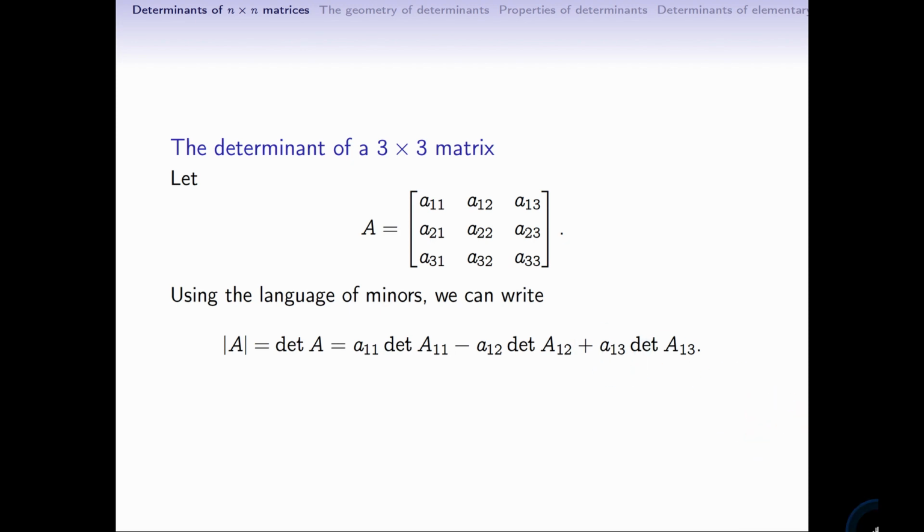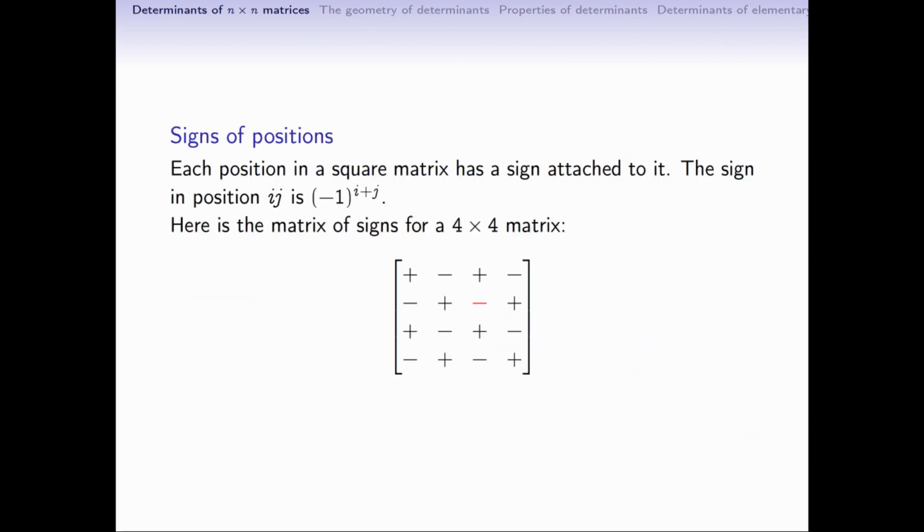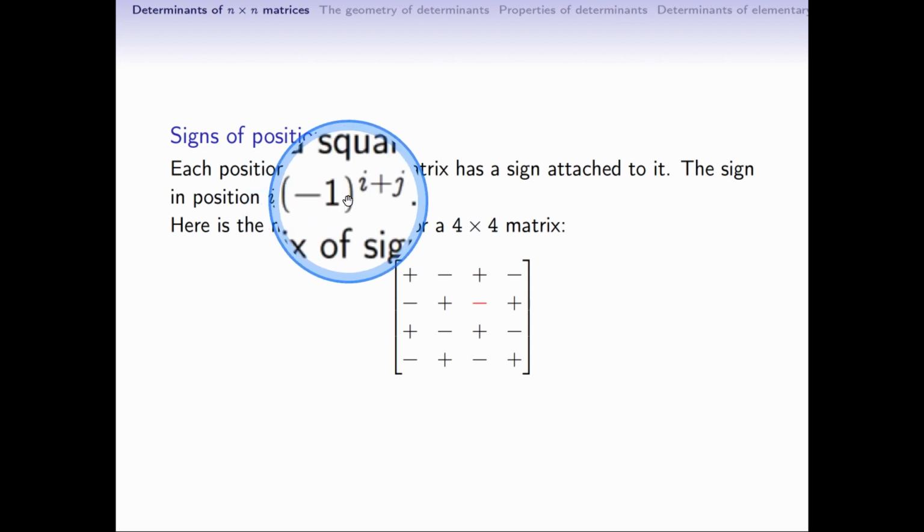So let's take a look at the signs that are attached to different positions within a square matrix. Each position in a square matrix has a sign attached to it. The sign in position ij, in other words, the sign that's attached to the position in row i and column j of the matrix, is -1 to the power of i plus j.